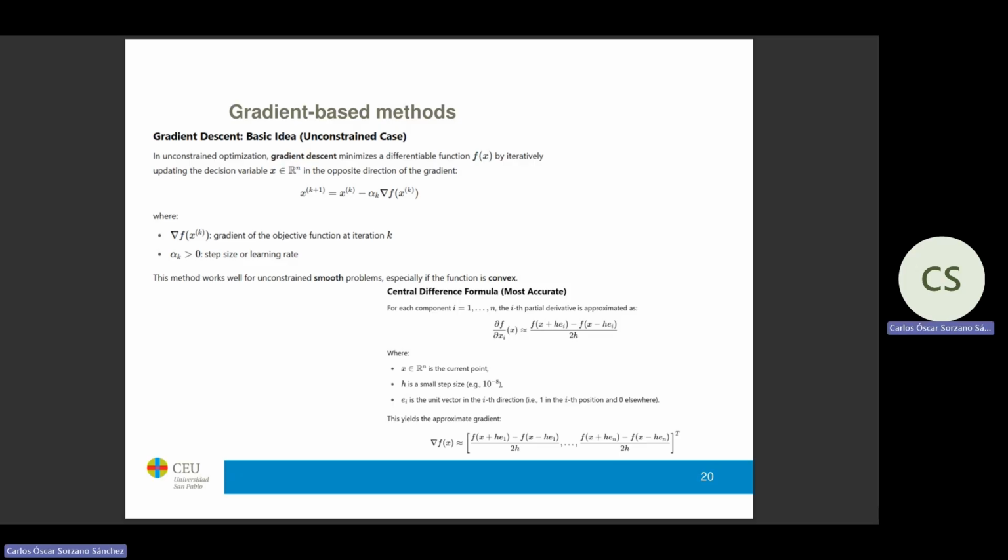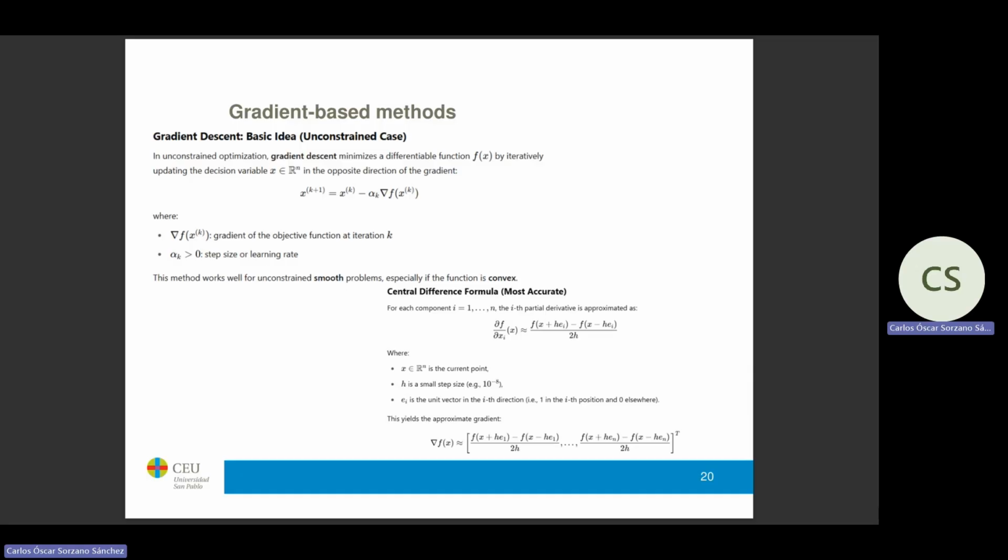Here e_i is a unit vector in the i-th direction, so it is all zeros except a 1 at position i. And then you approximate the gradient by these kinds of derivatives, which are called the central difference formula. It is the most accurate with only two points.